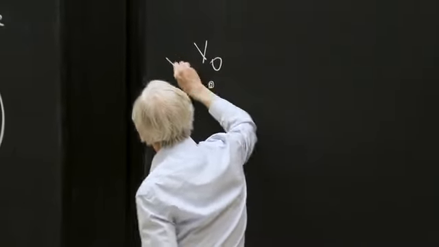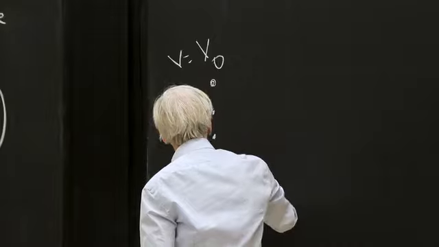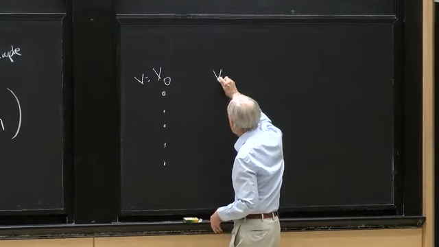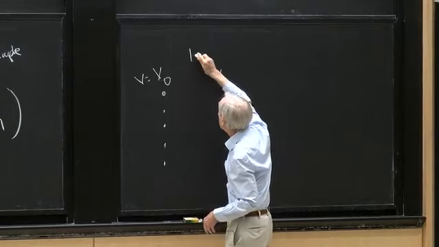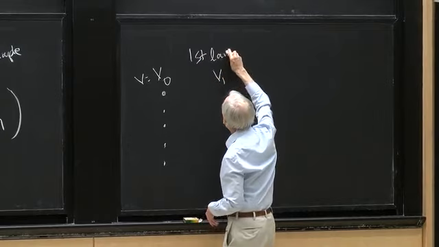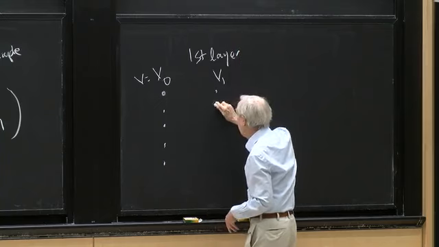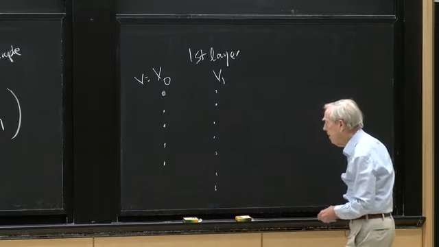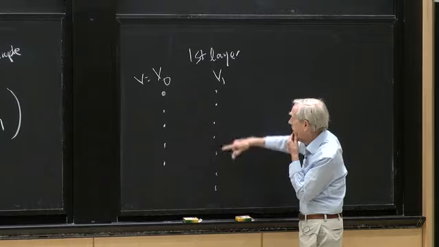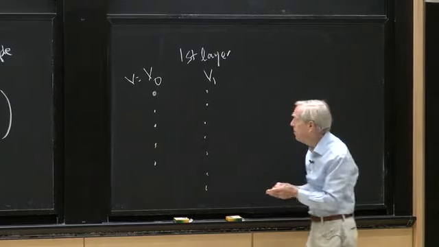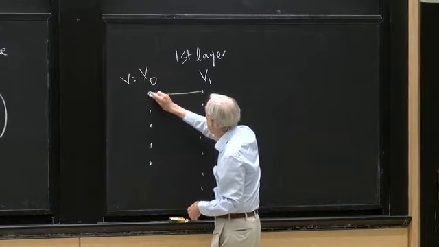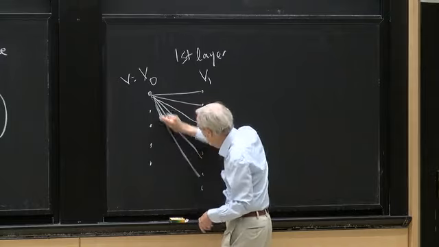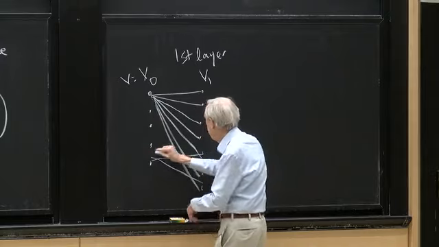So there's V. The training sample has some components, and then they're multiplied. Now here's going to be V1, the first hidden layer, and that can have a different number of components, a different number of neurons, and then each one comes from the V's. I won't keep going here, but you see the picture.